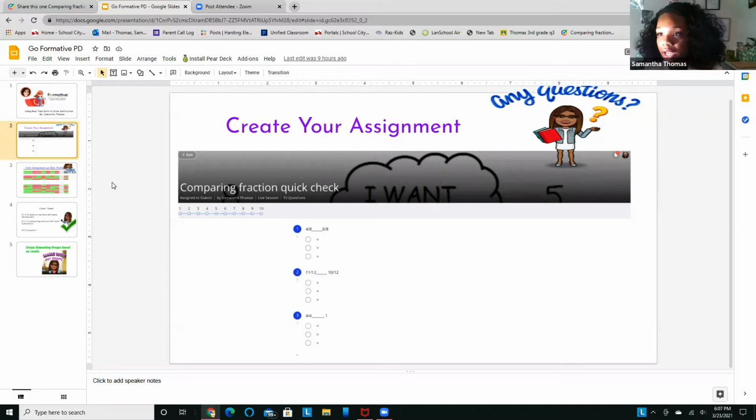So this is an assignment that I use in Go Formative. I will be sharing that slide with you in a second, where we were teaching our students how to compare fractions. And we have been working on it for a couple of days. We were teaching how to compare fractions with the same denominator, how to compare fractions with the same numerator, how to compare fractions as equivalent to one.